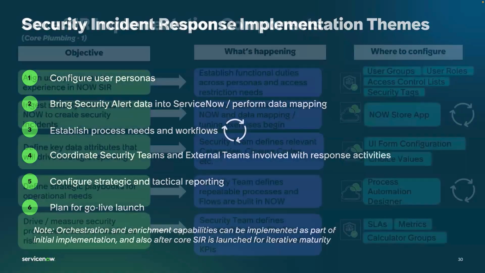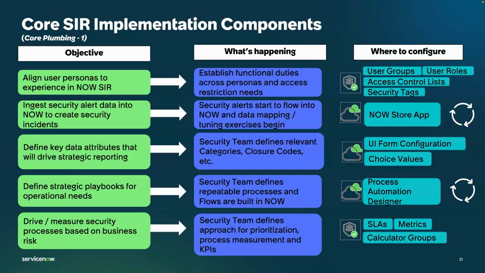So let me just run through a few more considerations in the next three slides. Again, the best way to review these is to go to the community and look at these more in depth. But you're going to want to understand, when you ingest that security alert data into ServiceNow, what's that mapping going to look like?